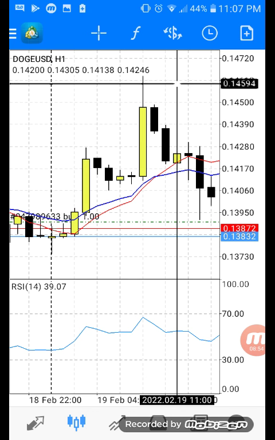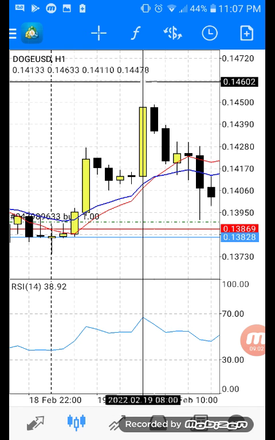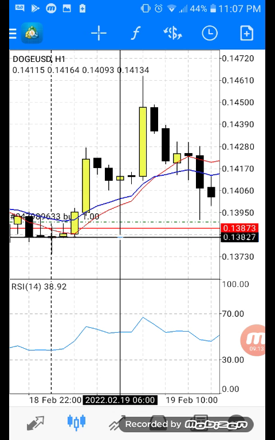all the way up to 0.14626. Before showing us this evening star pattern: yellow candlestick, star, black candlestick, at the top of an uptrend. You will see price was in a downtrend from 0.3846.